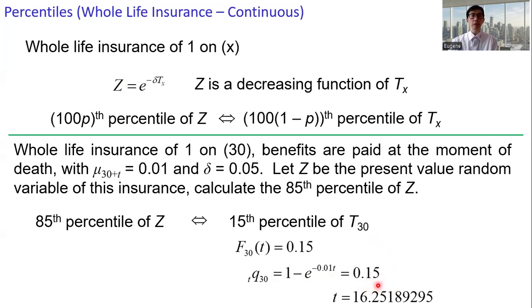This value of t corresponds to the 85th percentile of Z. When we plug in Tx equals 16.25 in this expression with delta equals 0.05, we get the 85th percentile, 0.4437.